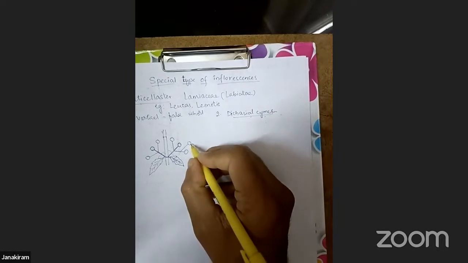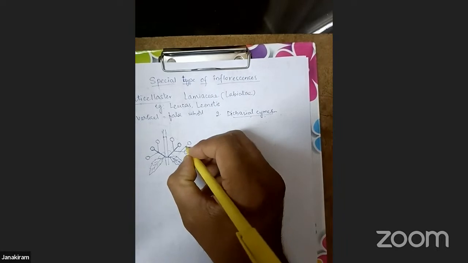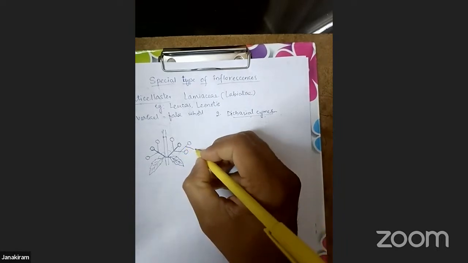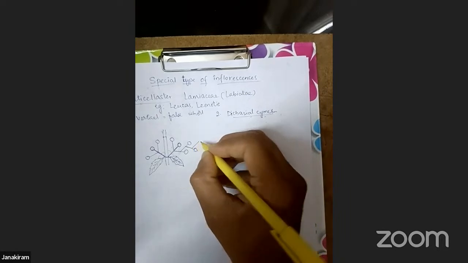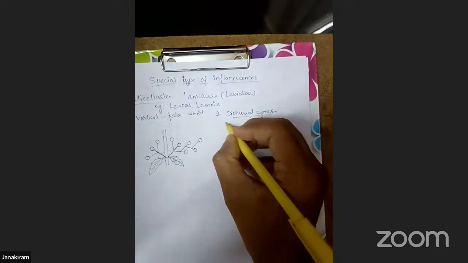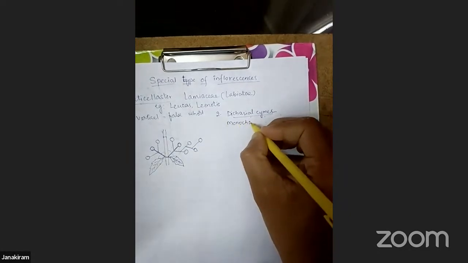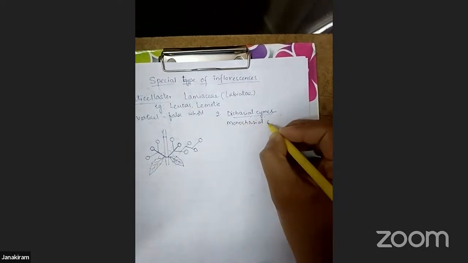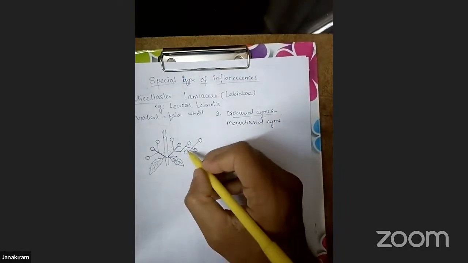And after the formation of this flower, once again 1 more branch will arise, and this also ends with 1 flower. And after formation of this flower, once again 1 more branch will arise, and that also ends with 1 flower. So in this pattern we see monochasial type of cymose inflorescence. That is, every time only 1 branch is formed.